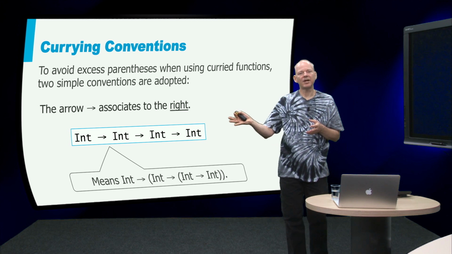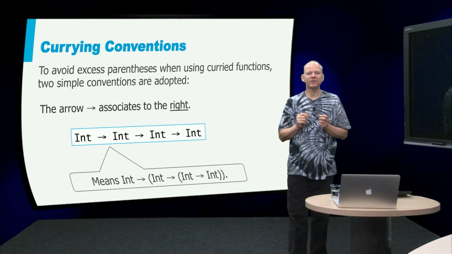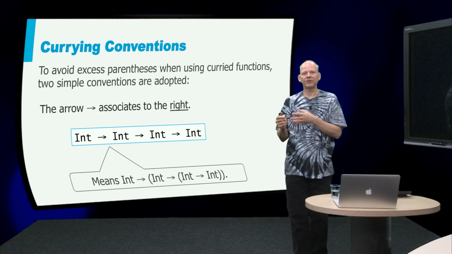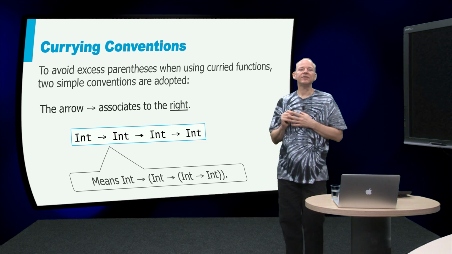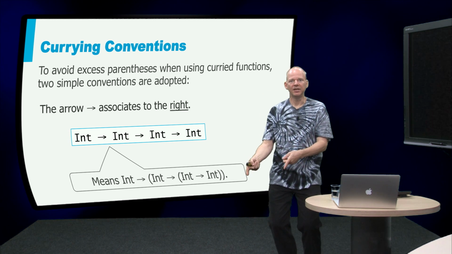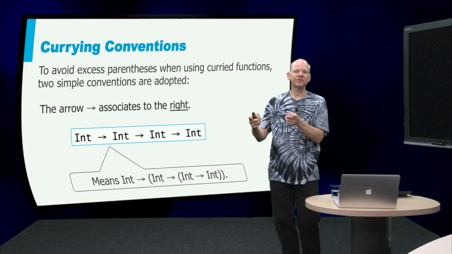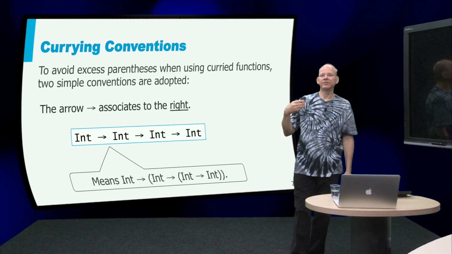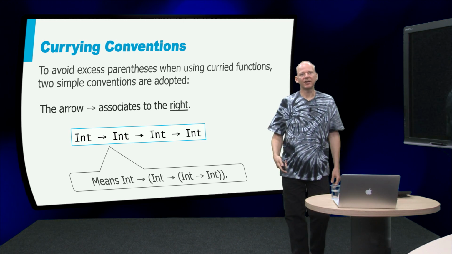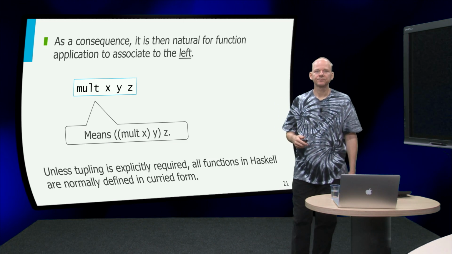Since we don't like to write parentheses, we can write this thing as int, arrow, int, arrow, int, arrow, int. Okay? But if we put all the parentheses in there, we get the term here at the bottom. But this is what we can write because we don't want to write unnecessary parentheses.